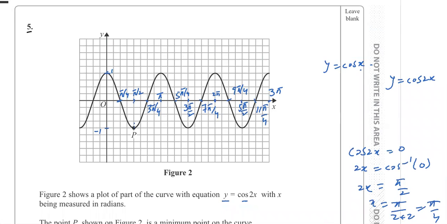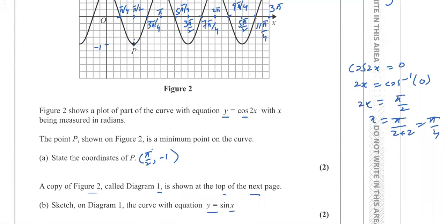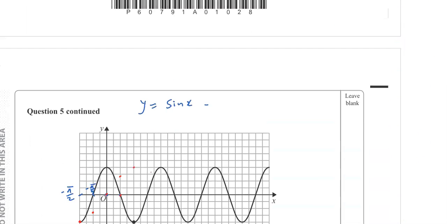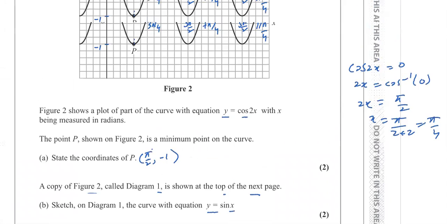Now check the value of sin 3 pi by 4. 3 pi by 4 will be 0.707, which I can write it here, 0.707 for 3 pi by 4. It will be here.